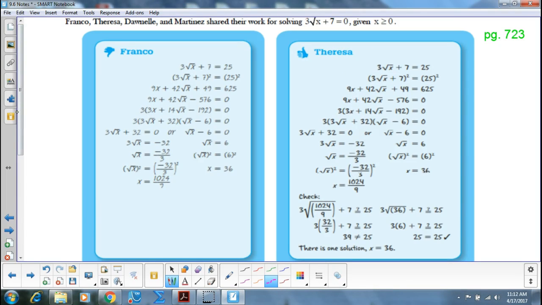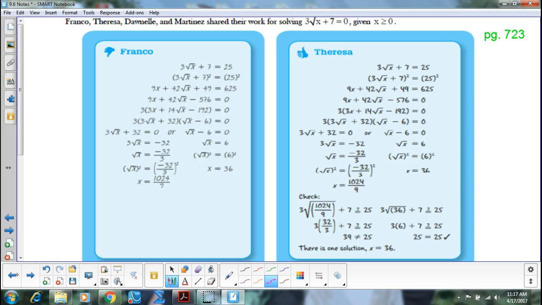I would like you to spend about 5 minutes comparing how all 4 of them solved the same problem. Jot down some notes by each one as to what they were doing so that you can follow along with their work. All right, let's contrast and compare.